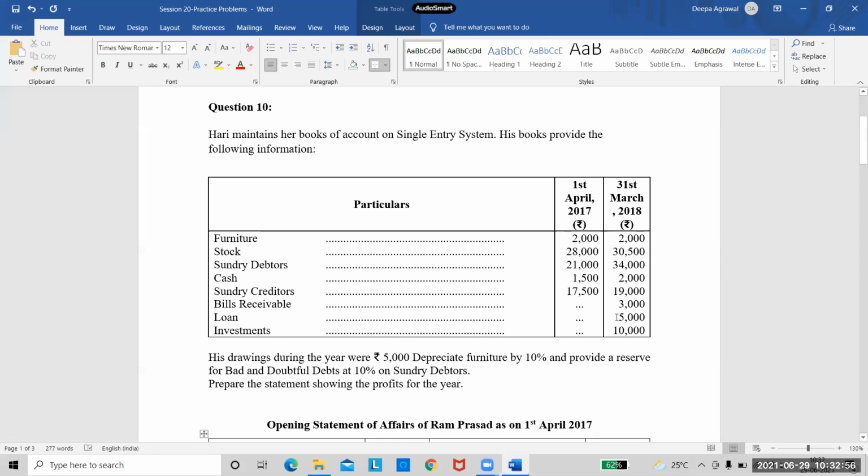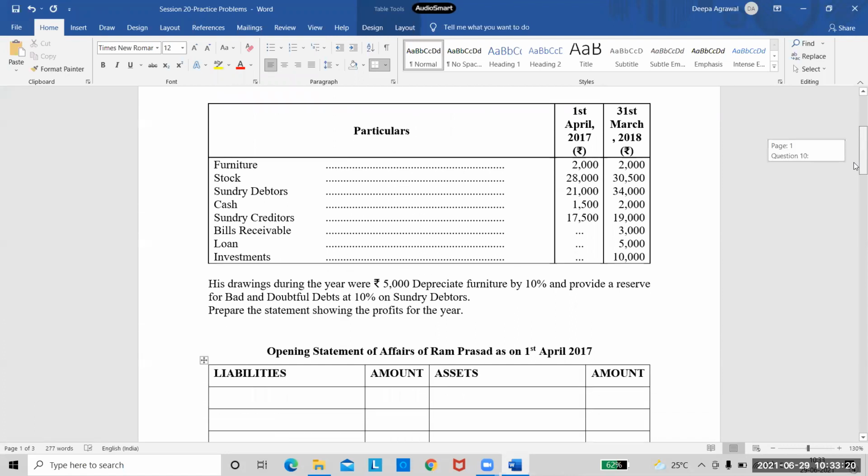So this 10% on sundry debtors will be calculated on 34,000, whereas depreciation 10% will be calculated on opening 2,000. Reserves and provisions are always calculated on closing balances. So is the problem clear? Do we start?